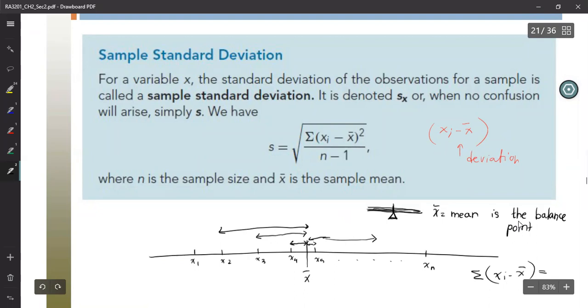If you find the deviations of each and every observation with the mean and add them together, what will be the value without squaring it? Any idea? What will be the sum of the deviations?